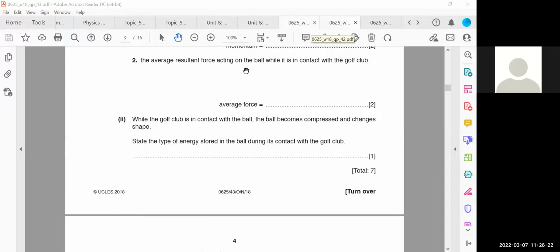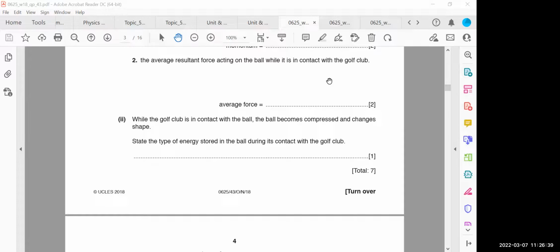State the type of energy stored in the ball during its contact with the golf club. Okay, Sir, Harsha. Pari, I want to hear the answer from Pari. So elastic.